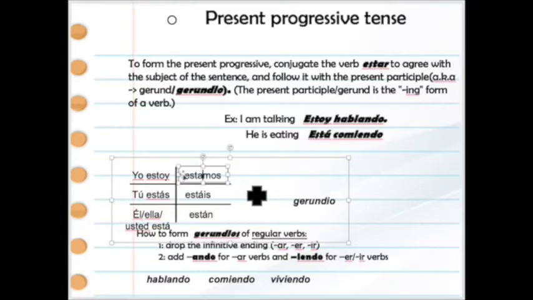Bien. This one's nosotros estamos. We're going to make this one a little bit taller. We'll just know that that's nosotros estamos. We're actually going to take estáis off the chart. And then, obviously, the singular is on one side, so the plural has to be on the other side. So we're going to say ellos, ellas, ustedes están.